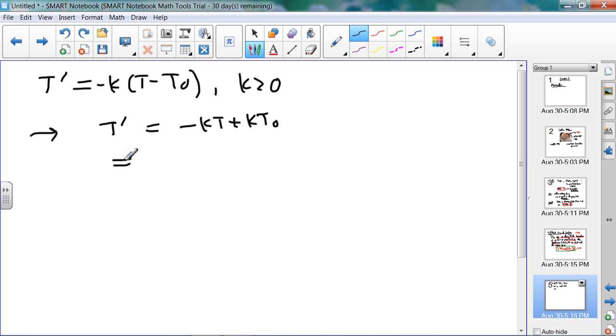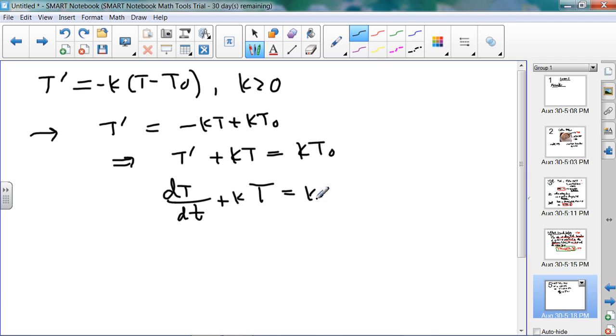And let's simplify that to the form that we're more familiar with so that we can classify it. Okay. And we can write this also in our Leibniz notation. And in this form, we can see pretty clearly that it's a first order differential equation.